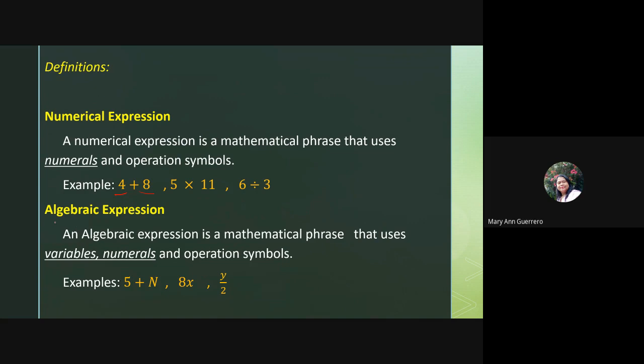Now for algebraic expression, it is a mathematical phrase that uses variables and numerals and operation symbols. So numerical expression has numerals; algebraic expression has variables. So yun ang pagkakaiba ng numerical sa algebraic expressions.